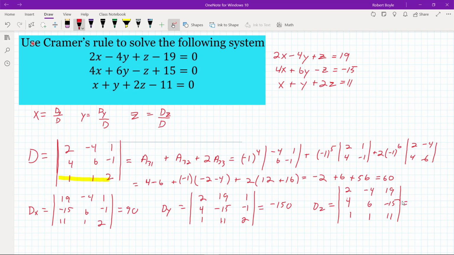And that will be equal to 360. And with that, we can figure out what x, y, and z are. X is going to be equal to dx over d. That is going to be 90 divided by 60, which will be 3/2.